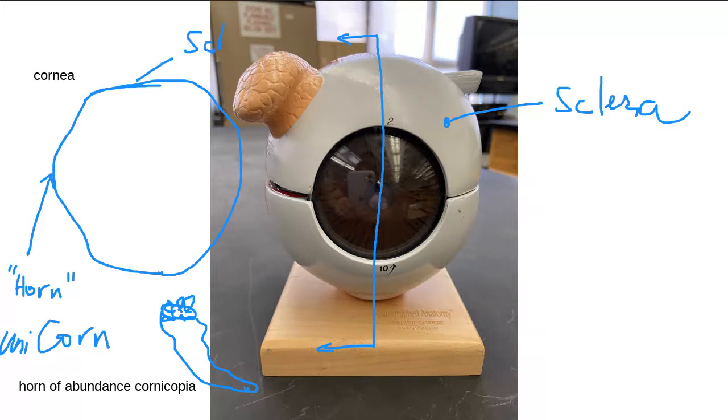Now, if you look at the cross section of the eye, it has three layers. You have the sclera outside, and then you have another layer that is inside, but it has a lot of blood vessels.